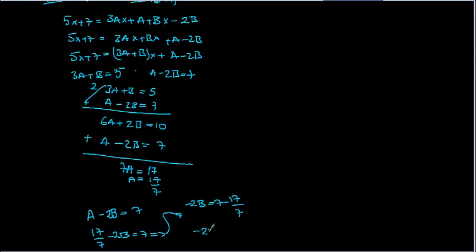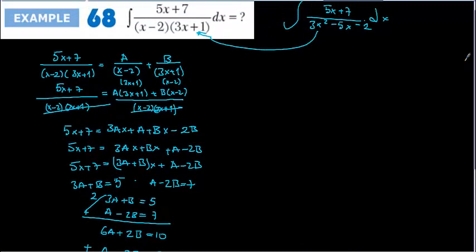So minus 2b is equal to 32 over 7. And when you divide by minus 2, b is equal to 32 over minus 14, because this is going to go to the denominator and we multiply by 7. So b is equal to minus 32 over 14.